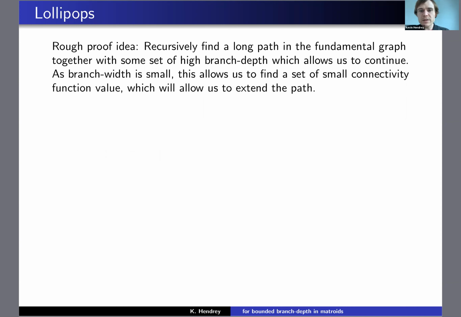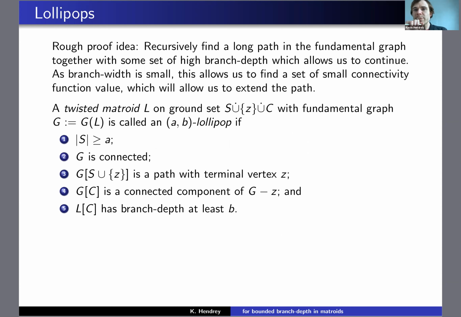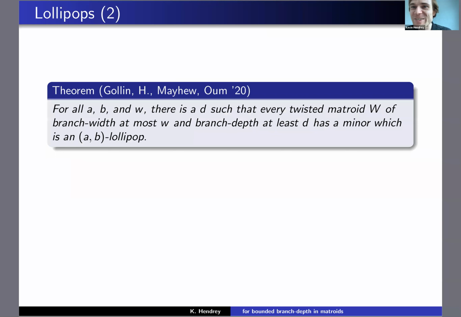Okay, so the reason this is useful, all right, here's the formal definition. It's just basically saying what I said there. Sorry, I'll try and rush through this a bit. What we actually show is that every twisted matroid with sufficiently high branch depth and bounded branch width has a minor which is an AB lollipop.